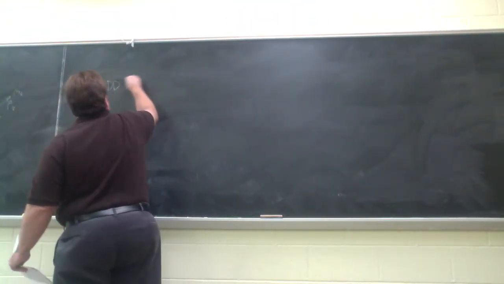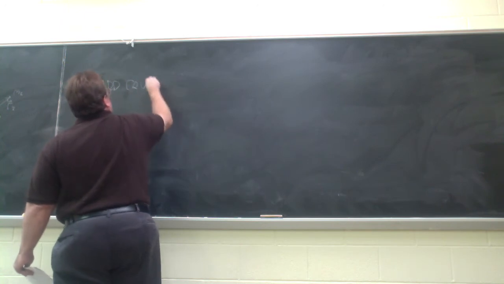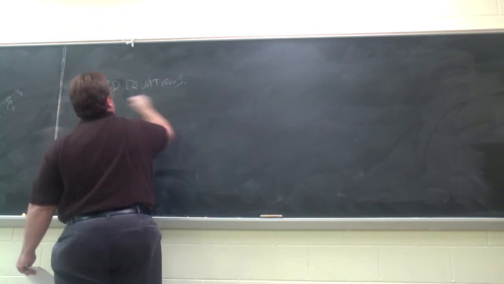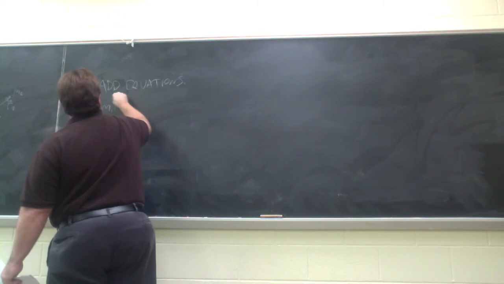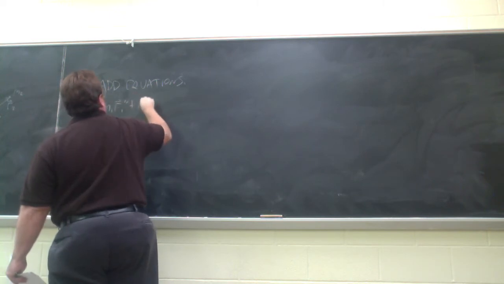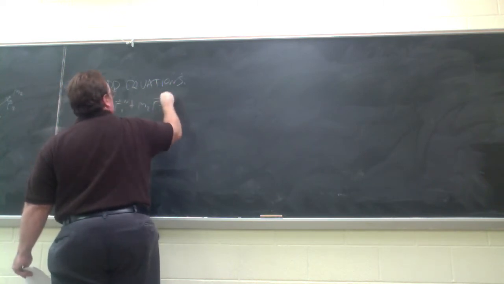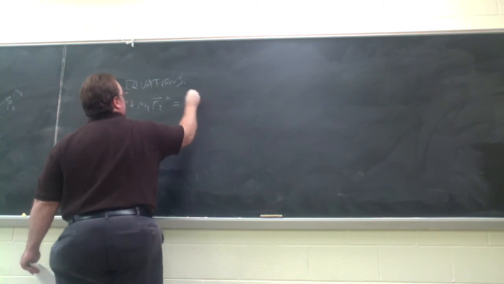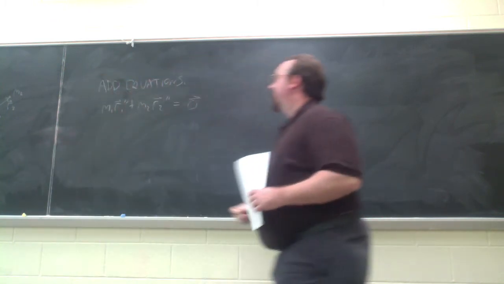So if you add the two equations, you get M1 R1 double prime plus M2 R2 double prime is 0.